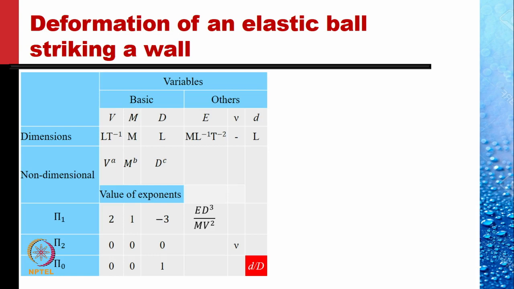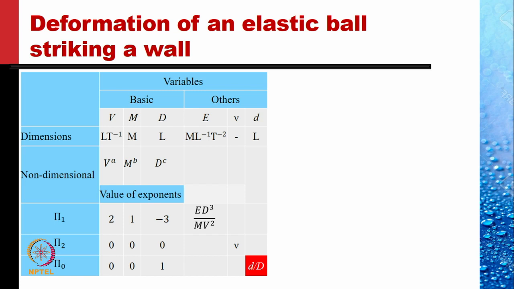We organize our analysis in this table. The basic group we write as V, M, and D, the velocity, mass, and the diameter capital D of the ball. Velocity has dimension L t minus 1, mass is obviously M, and diameter is L. The other quantities, E and nu, are the independent parameters. E has a dimension M, L minus 1, T minus 2. Nu, Poisson ratio, is dimensionless, and d is the dependent parameter.